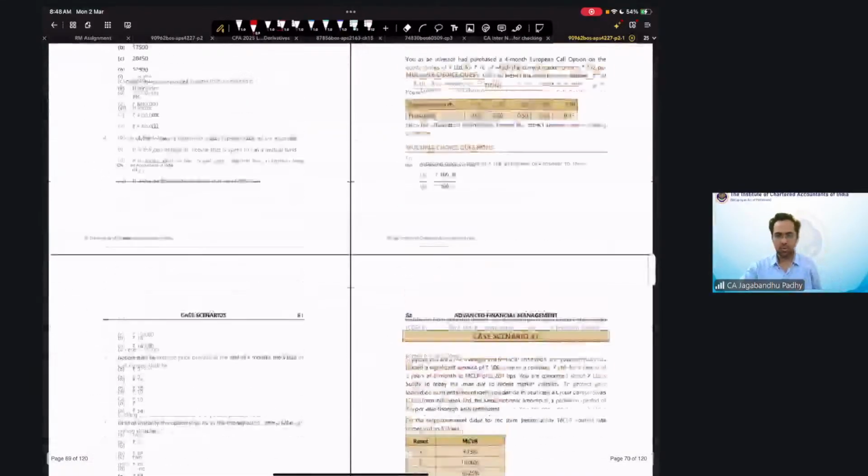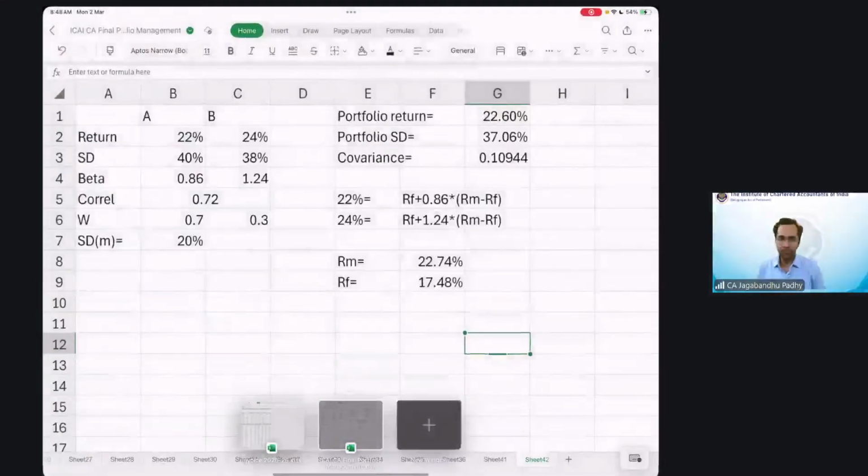Okay, so I think we're done with the case scenarios on portfolio.